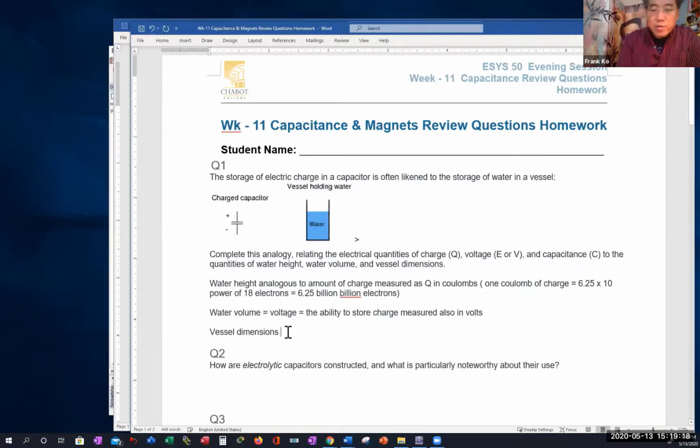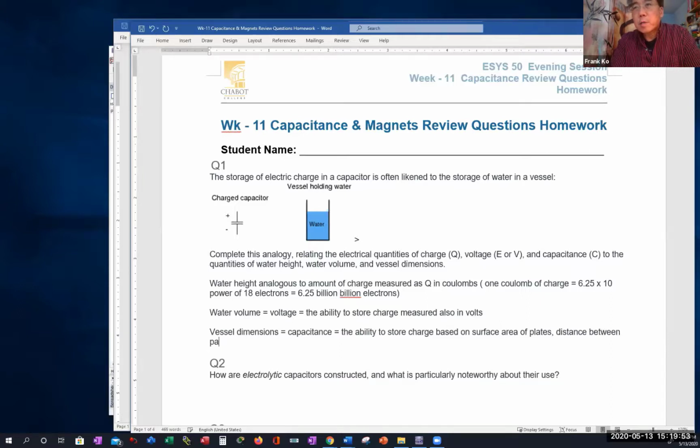And your vessel dimensions would be most analogous to capacitance, which is the ability to store charge based on several things: surface area of plates, distance between plates, and dielectric materials.